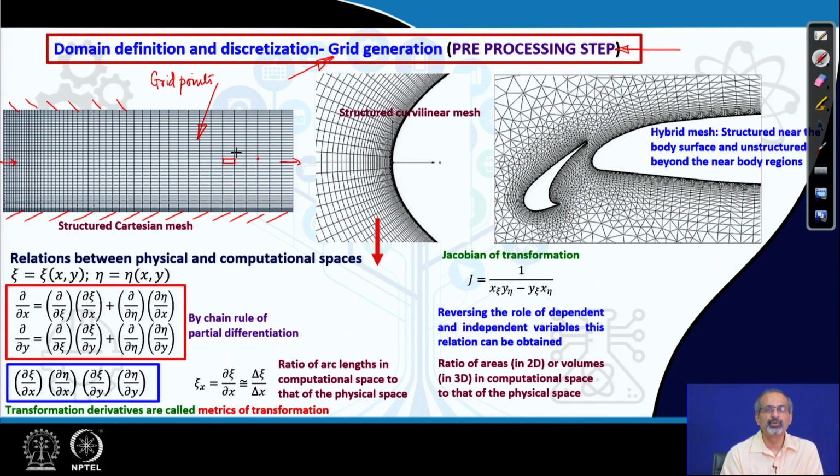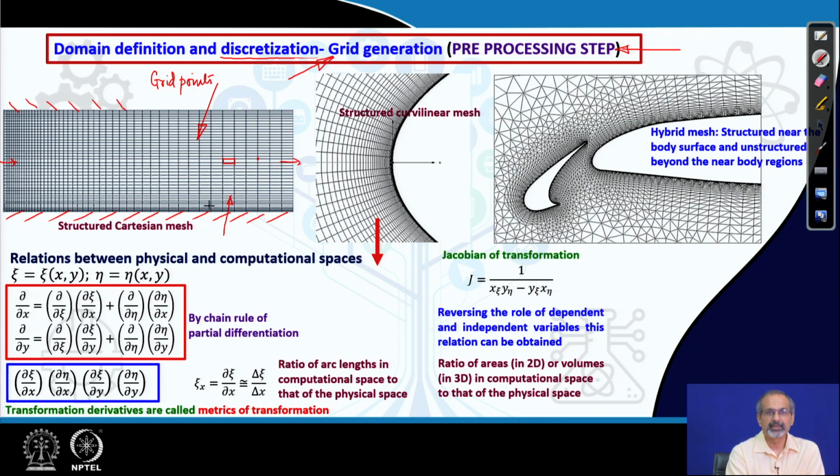So, this is broadly how we look at the problem when it comes to solving the problem, but before we solve we have to anyway discretize, and we are going through that process in the grid generation step. As we saw, if the solution domain is relatively simple in terms of its geometry, we may have a rectangular domain like what we see here, and then the discretization is somewhat simpler.